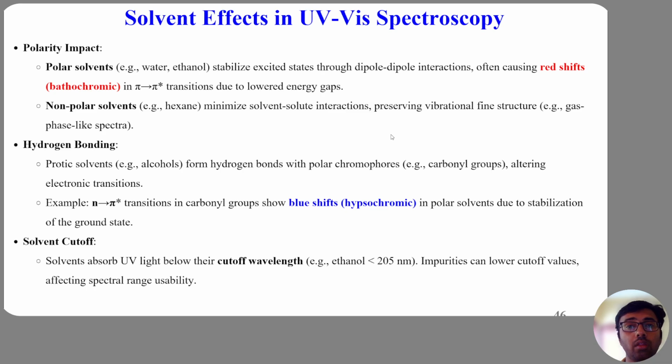These lone pairs form the HOMO in n to pi star transitions. Hydrogen bonding stabilizes this ground state strongly. This dramatically increases the energy gap. Therefore, n to pi star transitions show pronounced hypsochromic shifts, or blue shifts, in hydrogen bonding solvents.